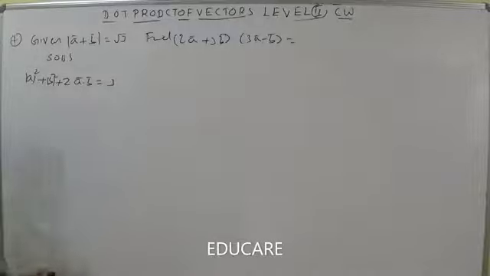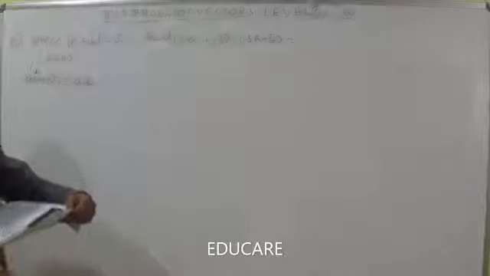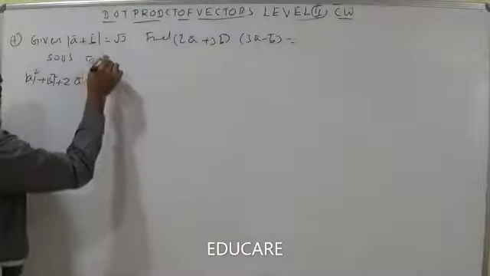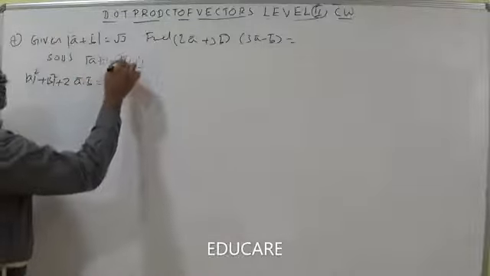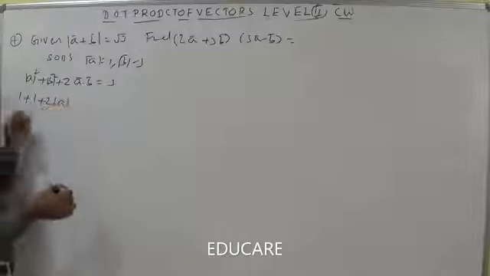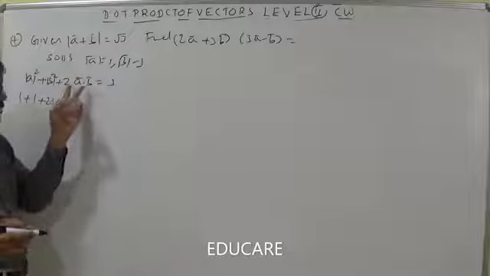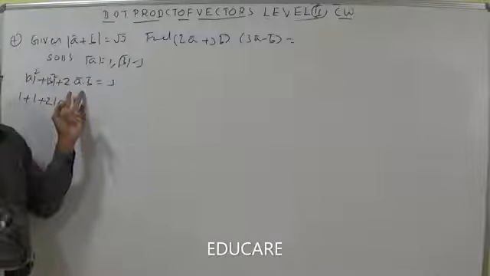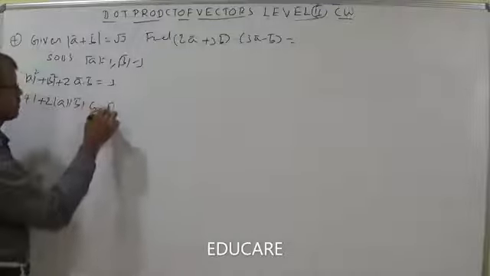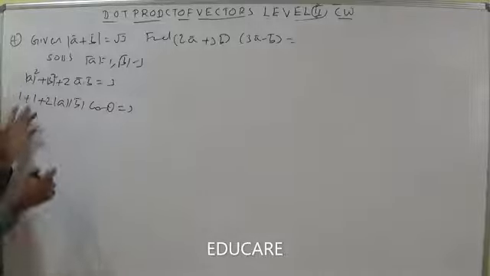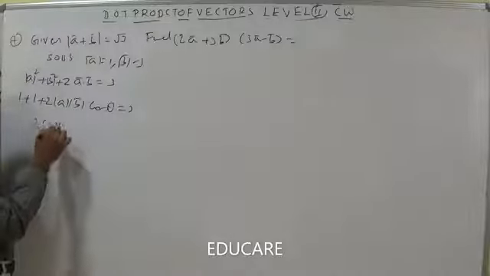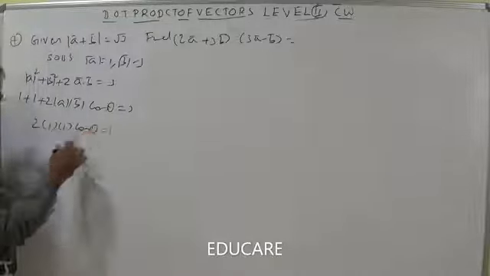Non-collinear unit vectors are given, so whenever unit vectors are given, magnitude of A is 1 and magnitude of B is 1. So we get 1 plus 1 plus 2 A bar dot B bar equal to 3, and A bar dot B bar can be expanded as mod A into mod B into cos theta. Taking 2 to the other side, 3 minus 2 is 1, so 2 into 1 into cos theta is equal to 1.